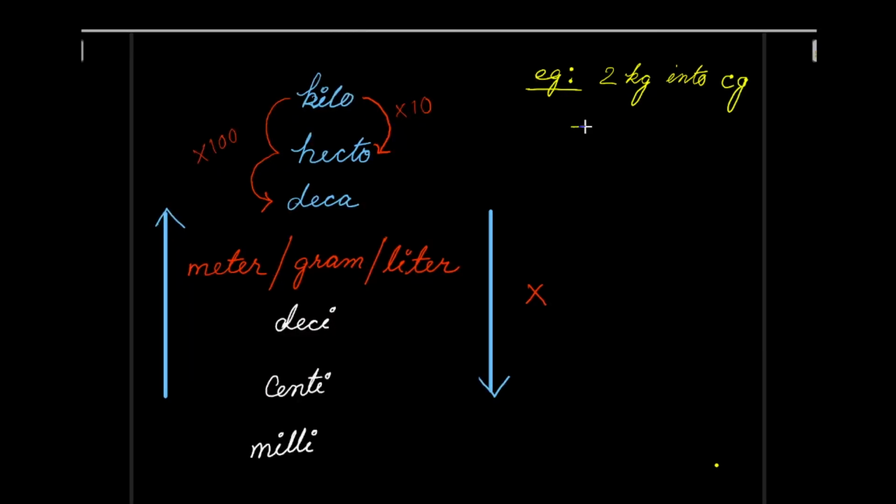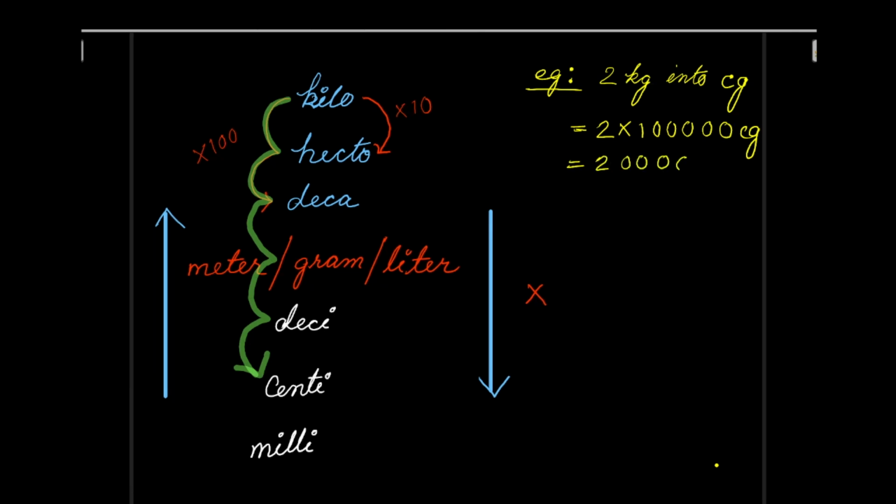Okay, now see, from kilogram to centigram, how many steps? 1, 2, 3, 4, 5 steps. 5 steps, that means 2 into 10 to the power 5, so you have to multiply. So 2 lakh will come, cg, yes, that means 2 lakh cg.